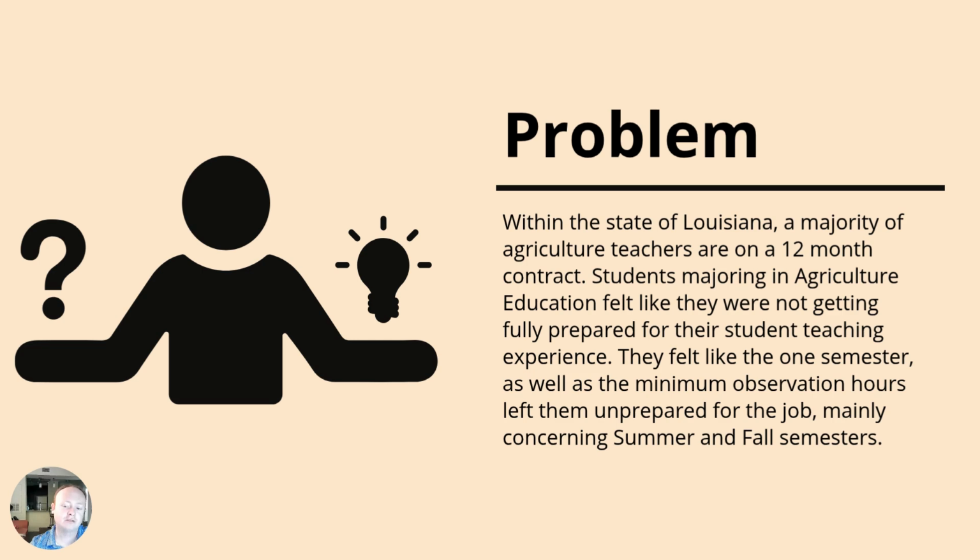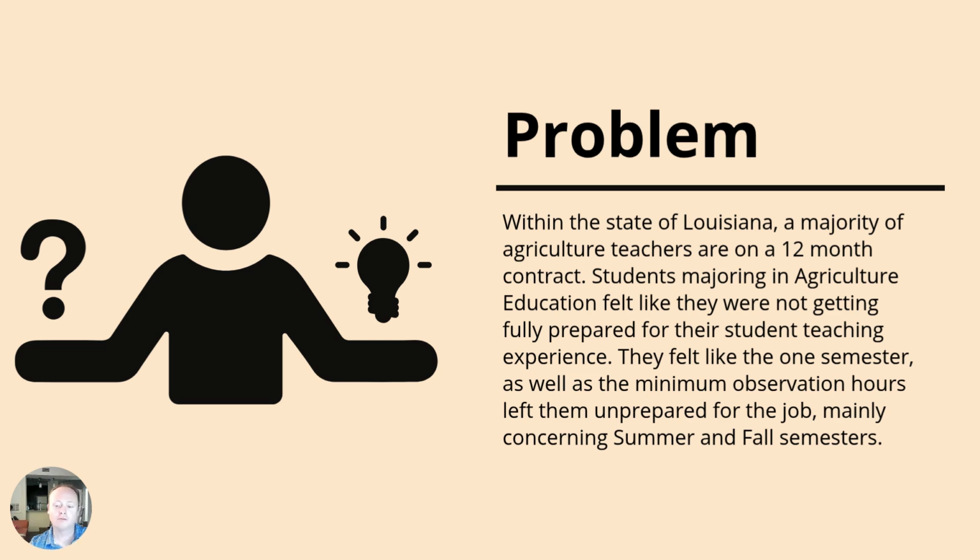Students majoring in agricultural education were feeling like they were not getting fully prepared during their student teaching experience. They felt like by the time they began student teaching, they were not prepared for that one semester, as well as the life of an ag teacher when they accepted that job.